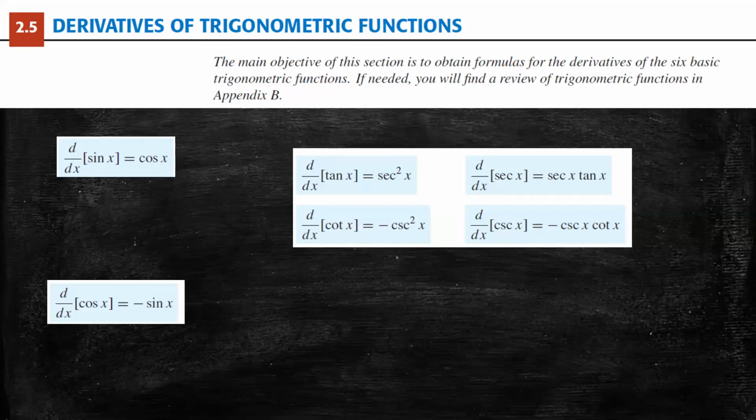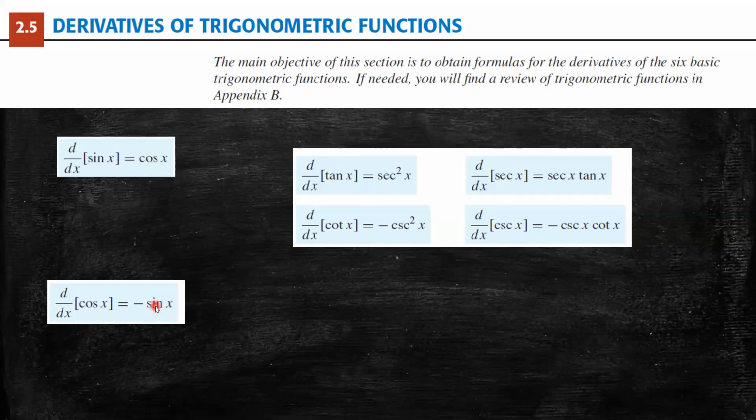Let's start with the first one. The derivative of sine is cosine, and the derivative of cosine is negative sine. Be careful.